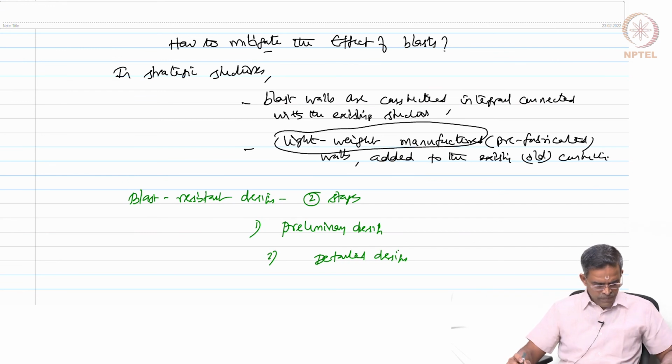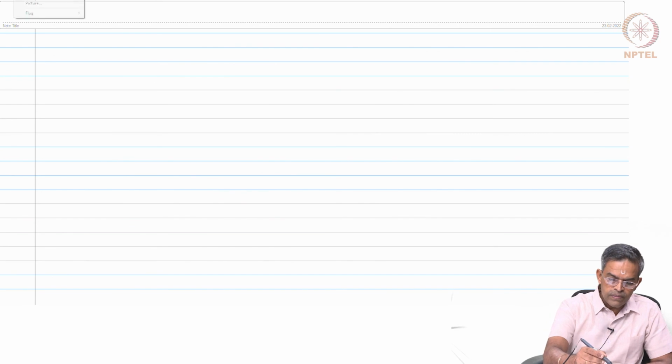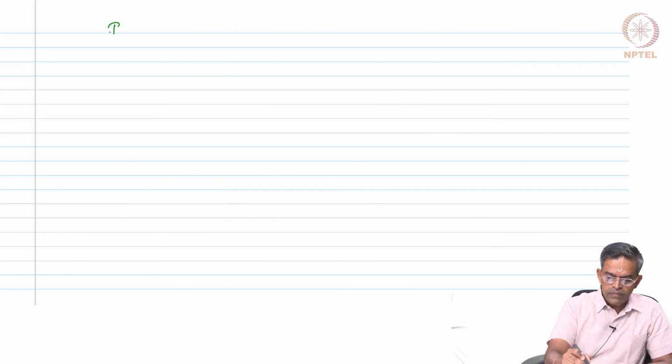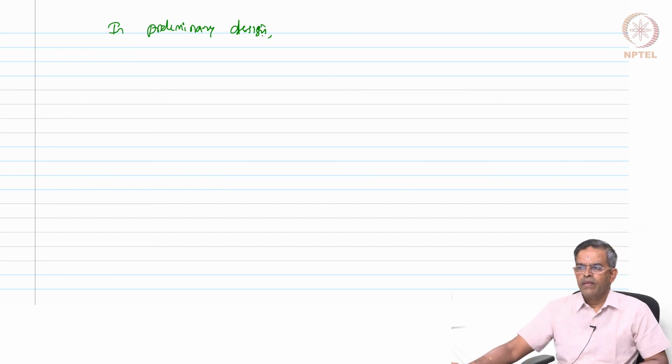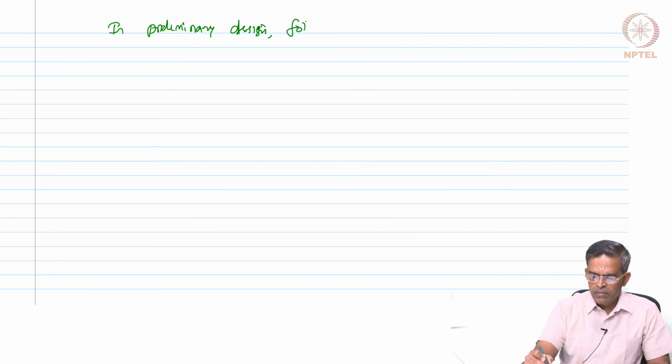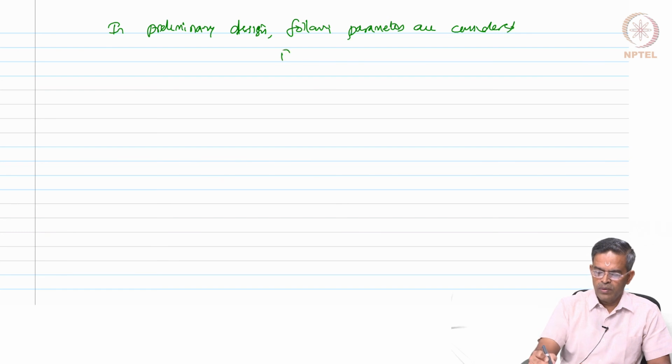Let us quickly see what we cover in preliminary design. In preliminary design, the following parameters are concerned. One, nominal overpressure.